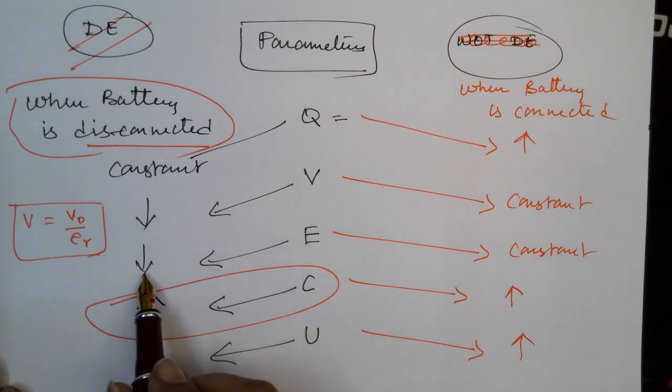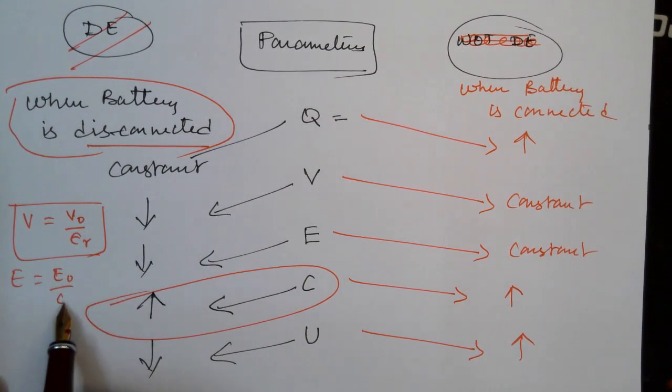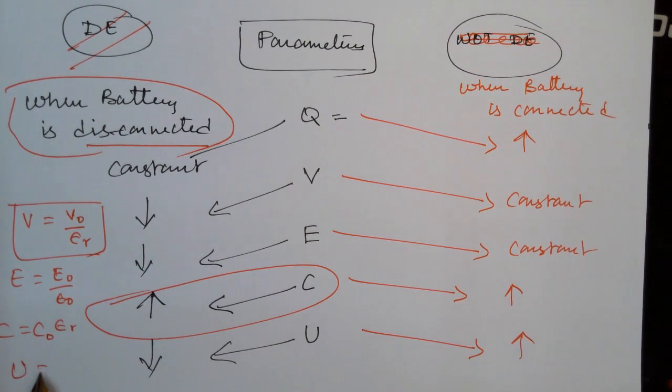And E is also E equal to E naught divided by epsilon R. But in this case, C is equal to C naught into epsilon R. In this case, U is equal to U naught divided by epsilon R.